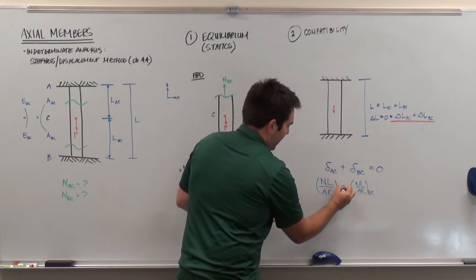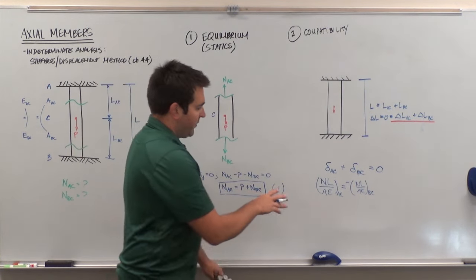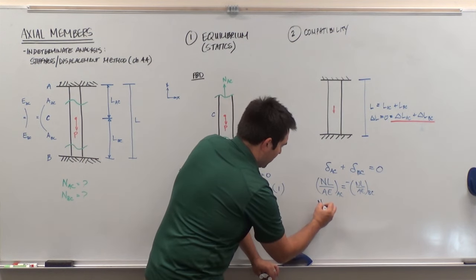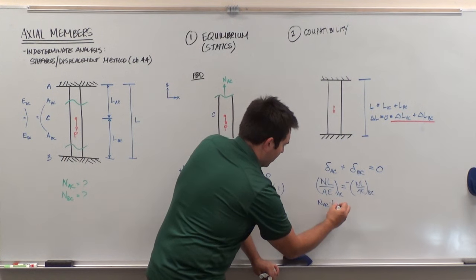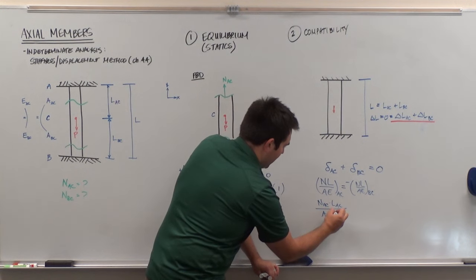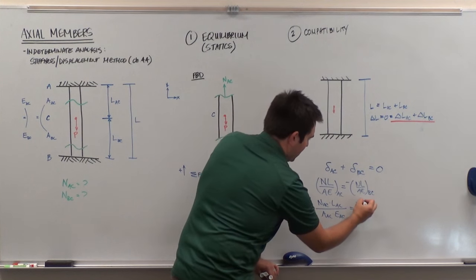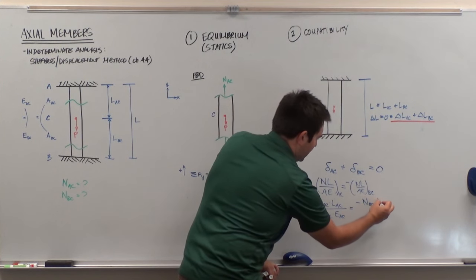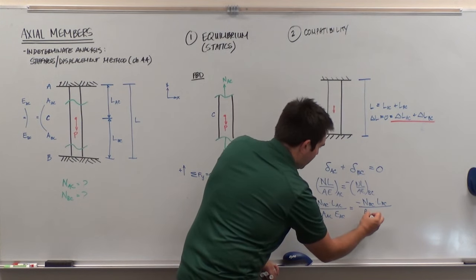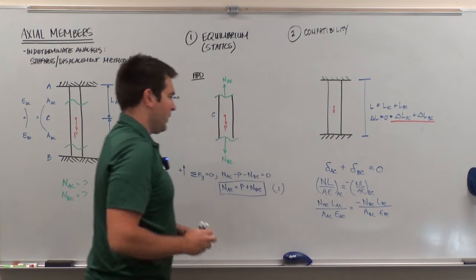I'll just say the left side is equal to minus the right side. And just to make this as clear as possible, I will distribute AC and BC: the normal force in member AC times the length of member AC divided by the area of member AC times the modulus of elasticity of member AC equals minus the normal force in member BC times the length of member BC divided by the area of member BC times the modulus of elasticity of member BC.